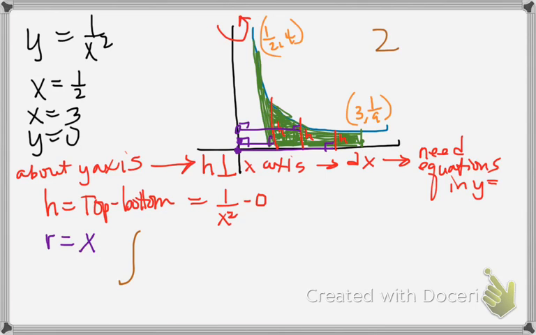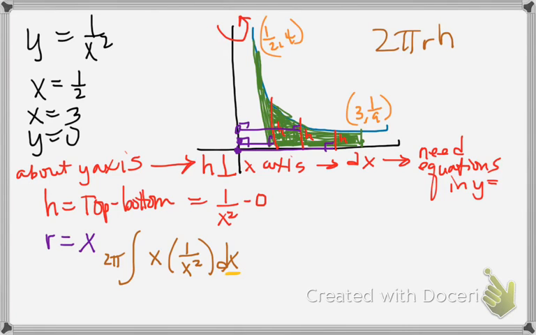Remember, my formula is 2 pi RH for surface area of a cylinder. So I'm doing 2 pi, radius is x, and height is 1 over x squared. There's my RH. And now, since I'm integrating with respect to x, I need x numbers.